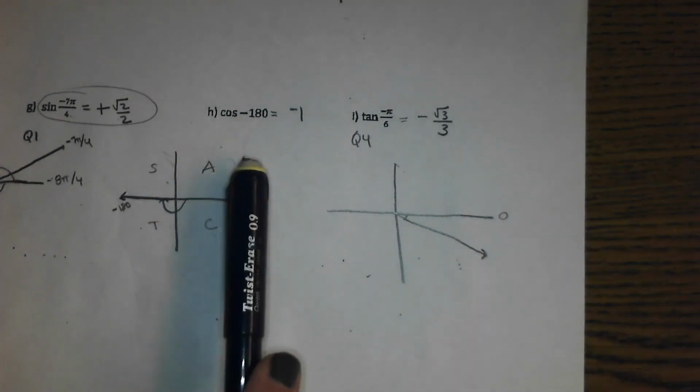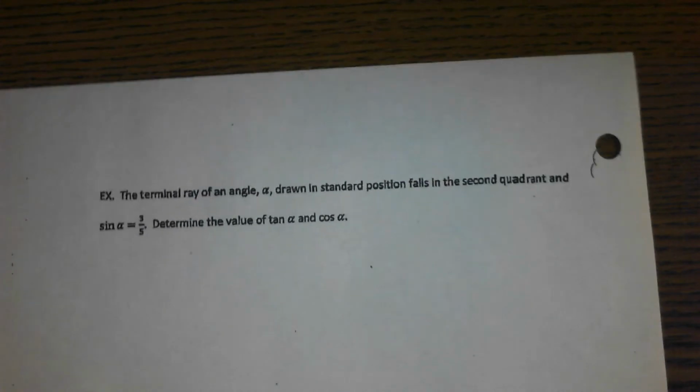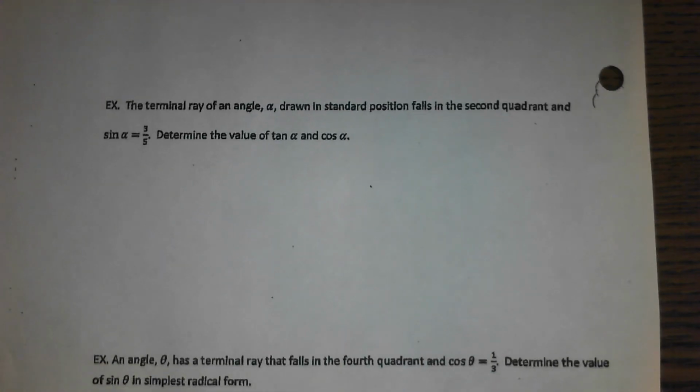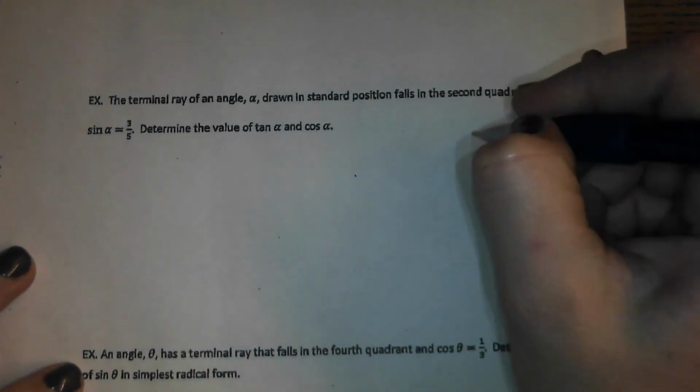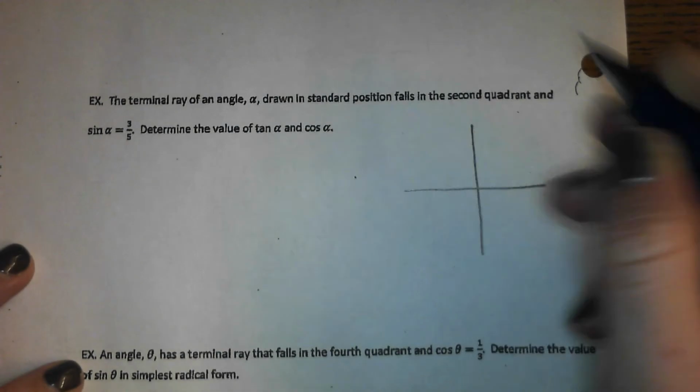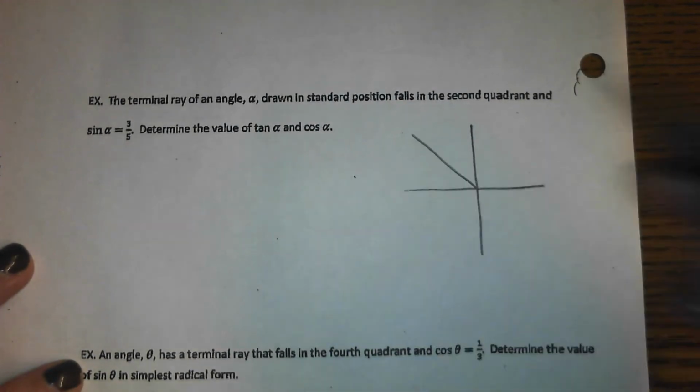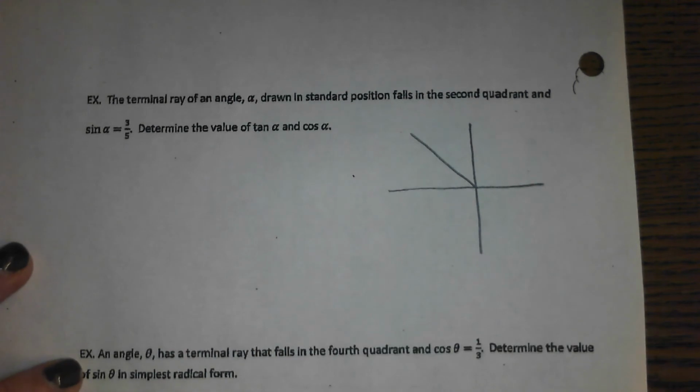All right, we're going to talk a little bit more about those quadrantal angles in a minute, but let's get through these. Terminal ray of an angle, drawn in standard position, falls in the second quadrant. Draw it. Draw a terminal ray falling in the second quadrant. This is just like last night's homework. What do we always do after we draw the terminal ray?